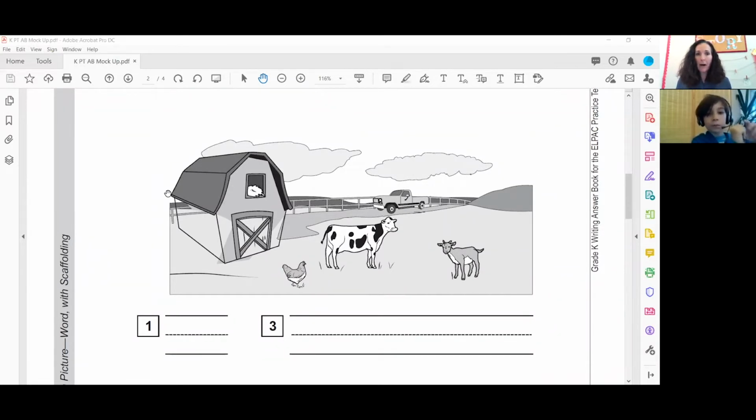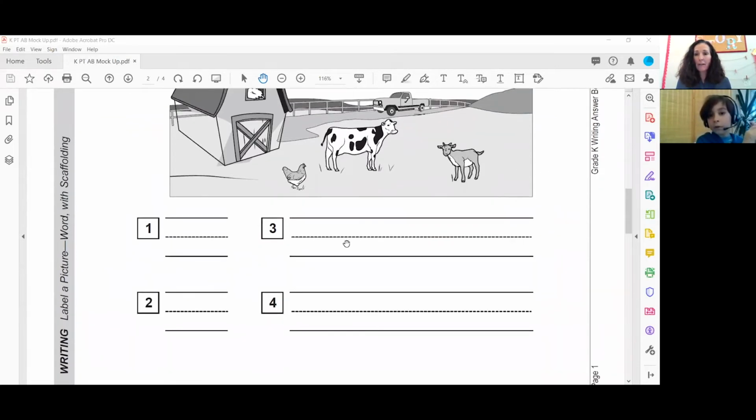But you have a box at the top, and then you have numbers and lines that look just like this, don't you? Yes. Okay, when I tell you to write something, I'm going to point to where I want you to write, and you're going to choose that same number and lines. You understand? Mm-hmm. Okay, great.